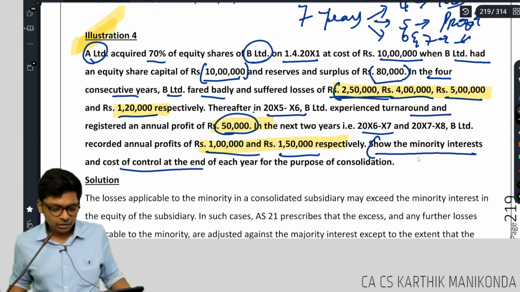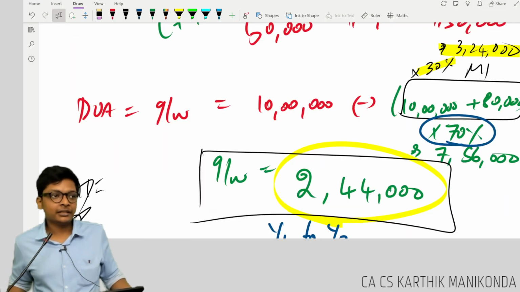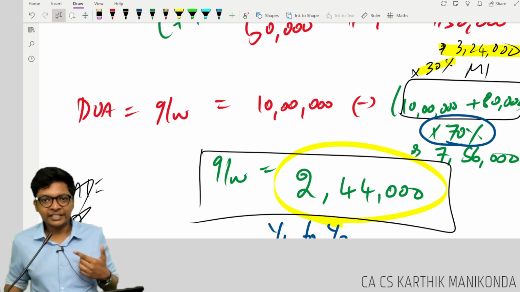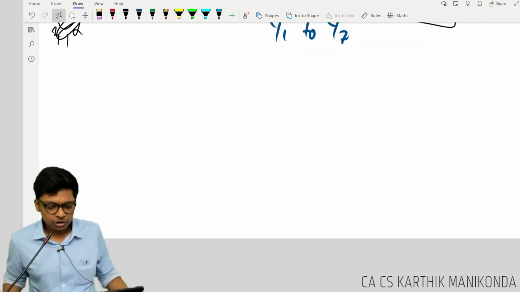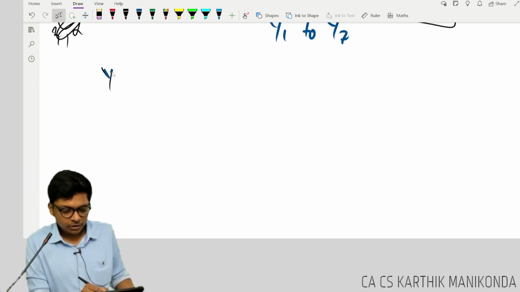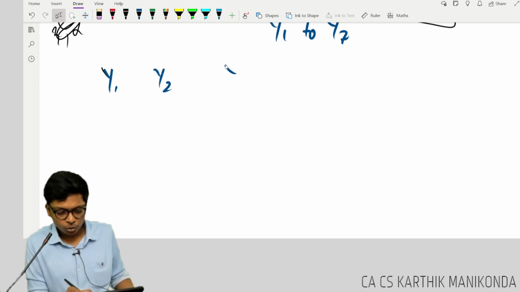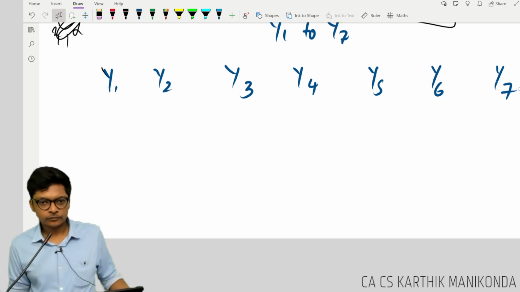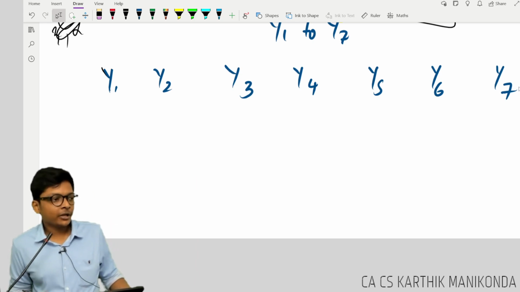Fine. Now come to minority interest. Will minority interest change or not? It will change because the reserves will change. So let's prepare a small table. Year 1, year 2, year 3. Are you following, guys?